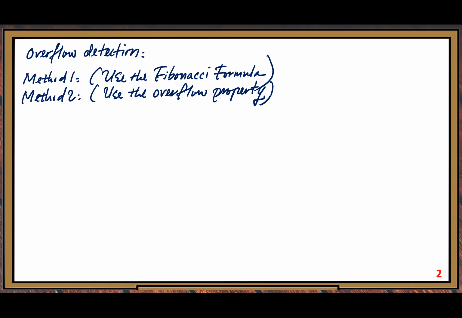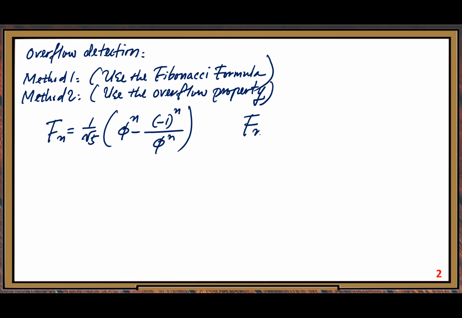The Fibonacci formula, we know it: 1/√5 times phi to the n minus (-1) to the nth over phi to the nth. Now let us estimate that f and max.